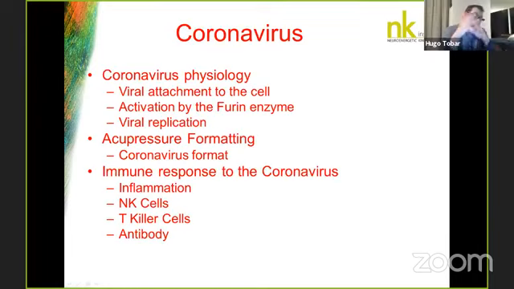Then we'll be looking at how the body responds to the immune response to the coronavirus.